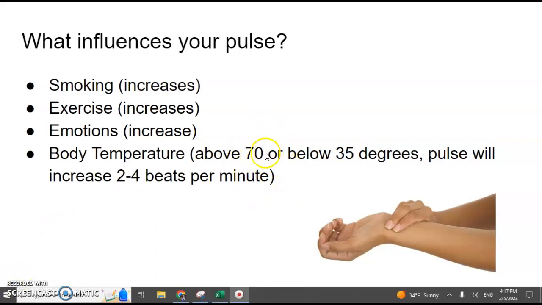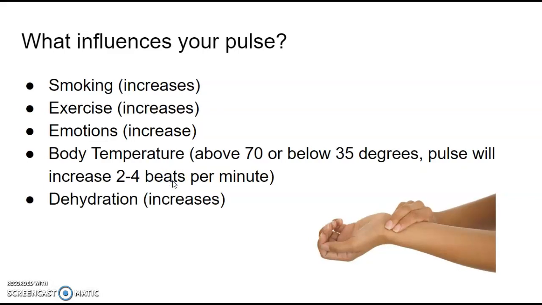So we're not talking about your body temperature, what we're talking about here is the environment that you're in. When it's significantly colder or significantly warmer than your body temperature, your heart has to work a little bit harder, and so you're going to increase that pulse 2 to 4 beats per minute. If you're dehydrated, this can affect how fast your heart beats. Typically it increases. And then medication can increase or decrease your heart rate as well.